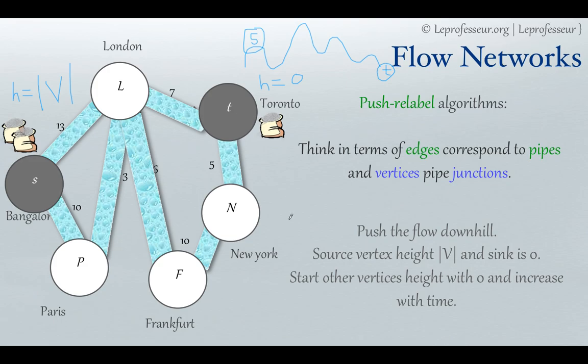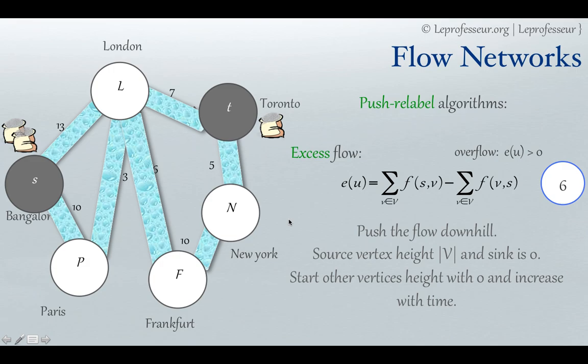Let's conceptualize further what an excess flow is. Excess flow is nothing but whatever amount of flow a node is receiving, minus whatever amount of flow is going out of the node. So let's say, for example, it is receiving 10 and it is only transferring 5, so the excess flow would be 10 minus 5.